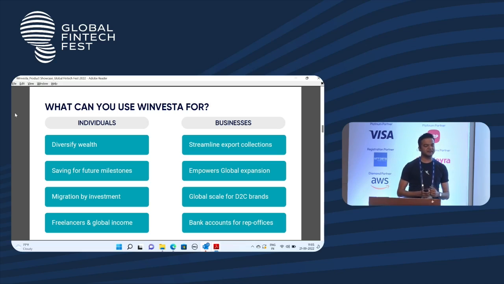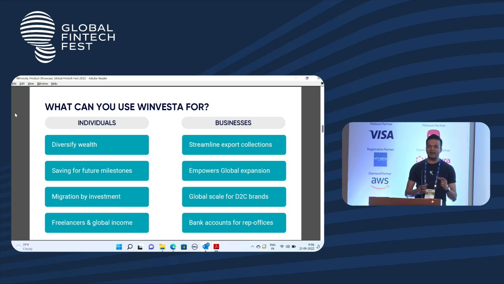And if you're a freelancer, to receive your foreign income into India. If you're a business and you're serving exporters or you're an exporter yourself, we have a large number of exporters who use Winvesta's product stack to receive collections locally in the US, UK, Europe, Canada, and very soon Singapore, and bring it back far more seamlessly to India.